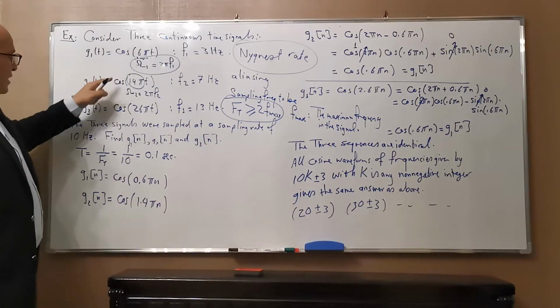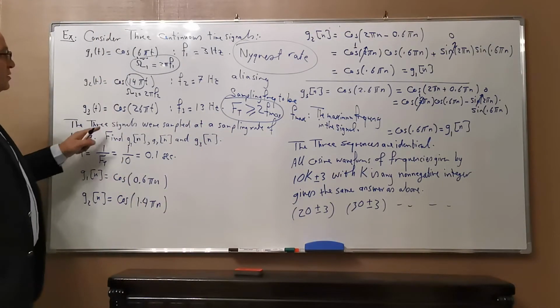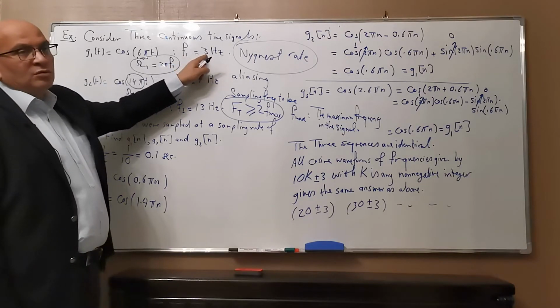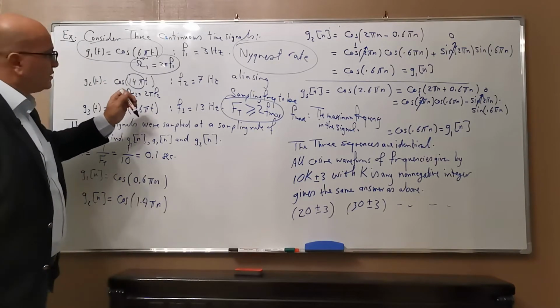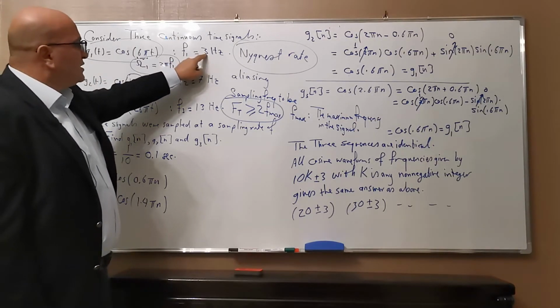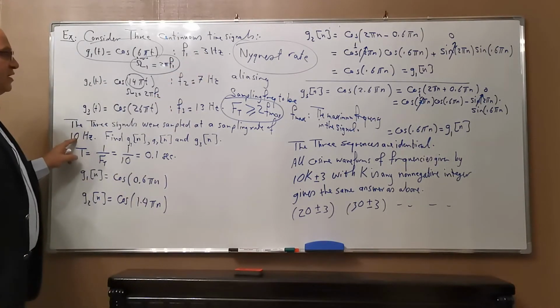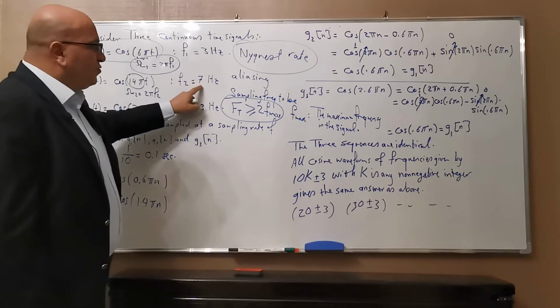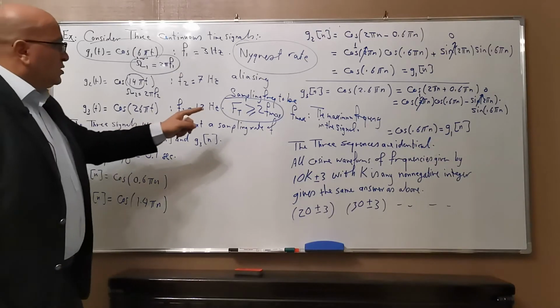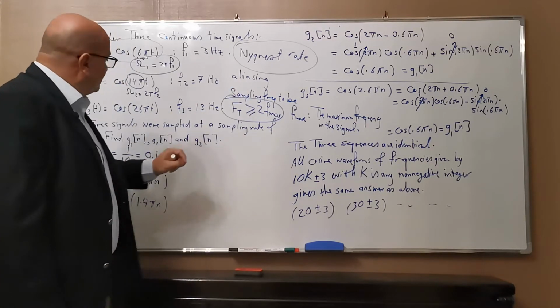Notice here that we are sampling at 10 hertz. The 3 times 2, this is the maximum frequency in this signal because it's a single frequency actually. 3 times 2 is 6. This 10 is greater than this one, so there is no problem. This one is 7 times 2, 14. It's greater than this one, so aliasing will happen.